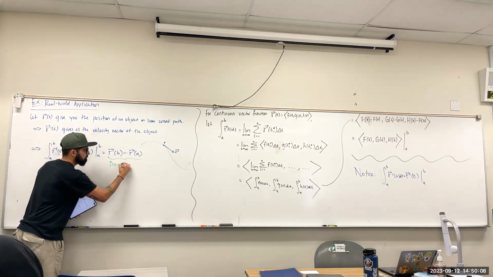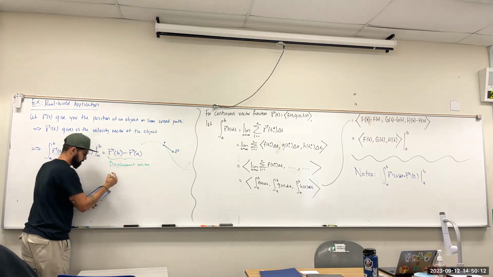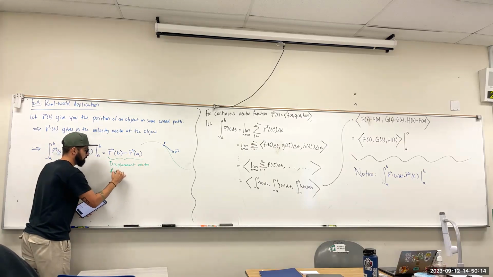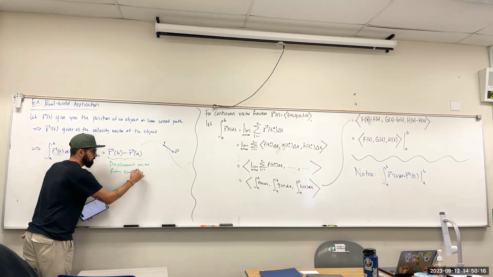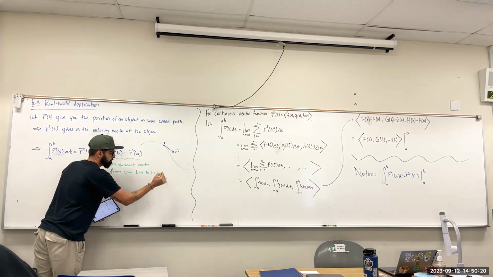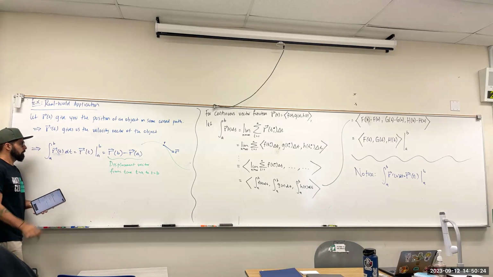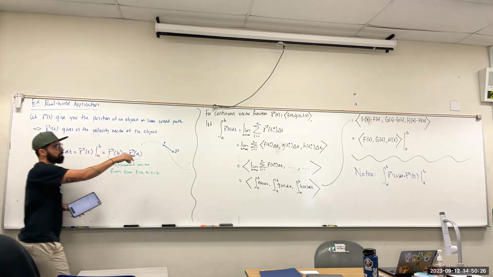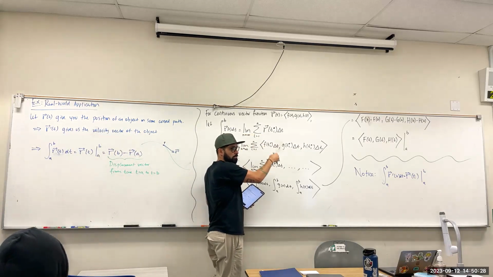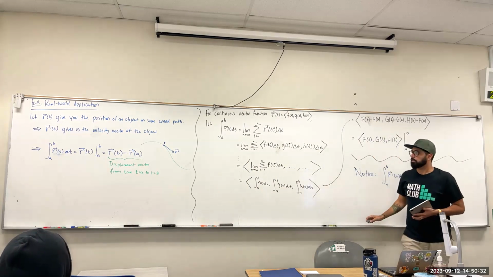This gives us the displacement vector from time t equals a to t equals b. So you integrate, you do these infinite sums of all these different little velocities, and the result ends up being that displacement.